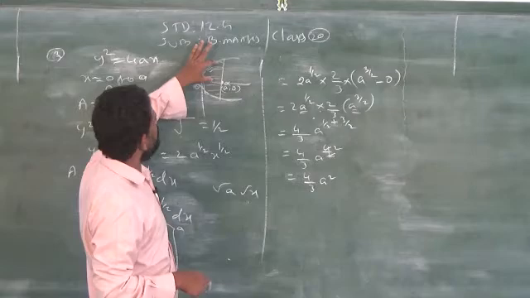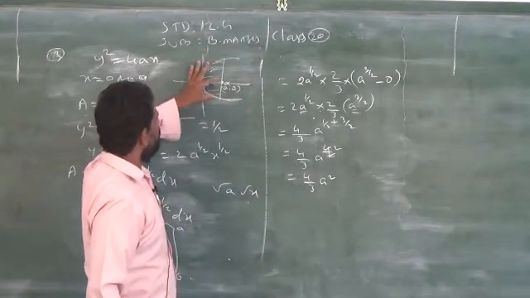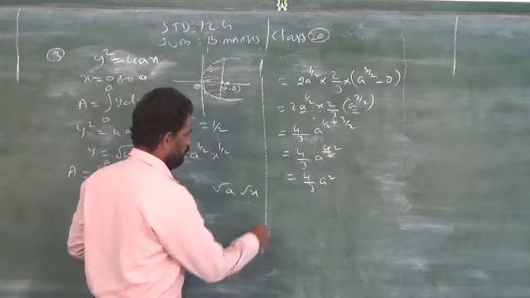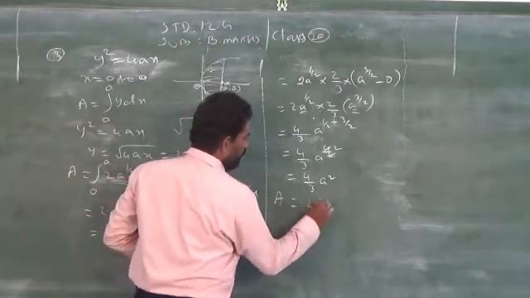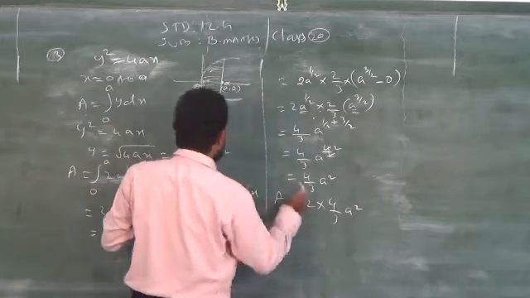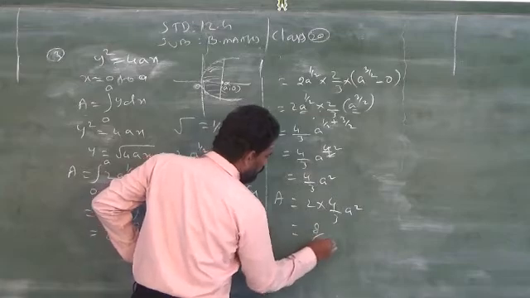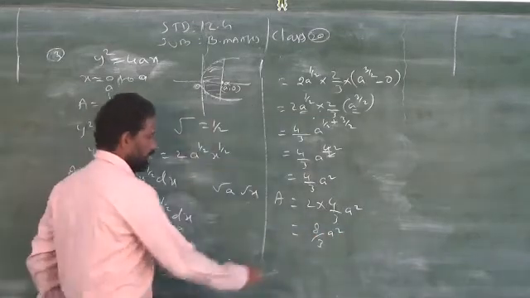I know the answer for this area, that is 4 by 3 a square. The same should be there below the x axis also. Therefore, I can multiply the final answer by 2 to get the entire area covered by the latus rectum. So 8 by 3 a square units.